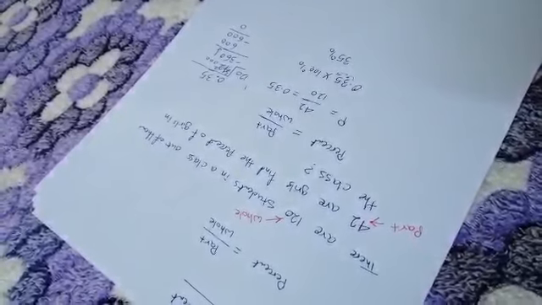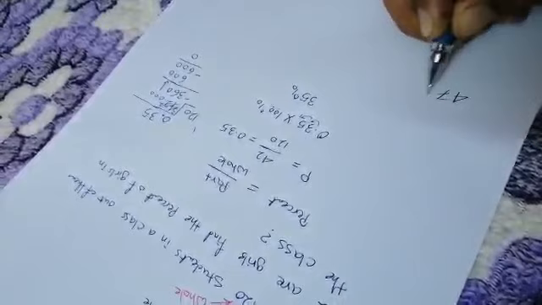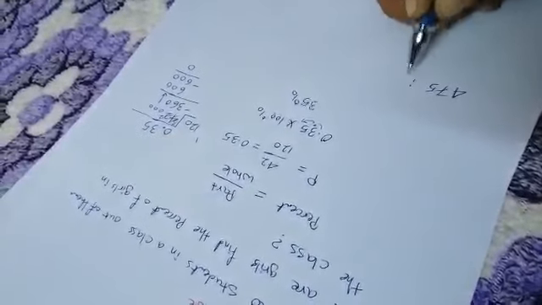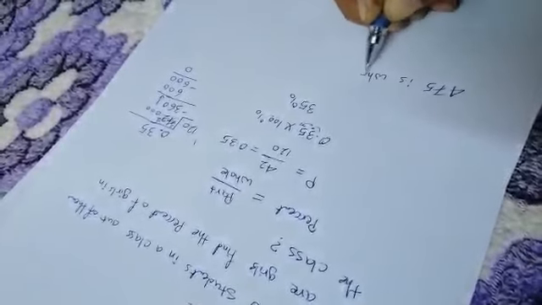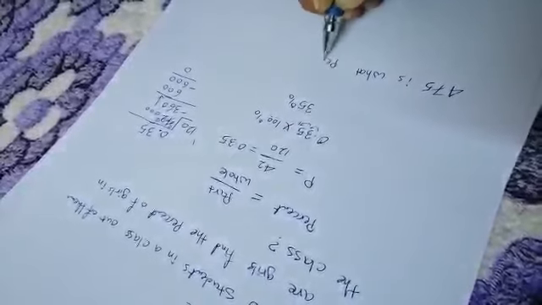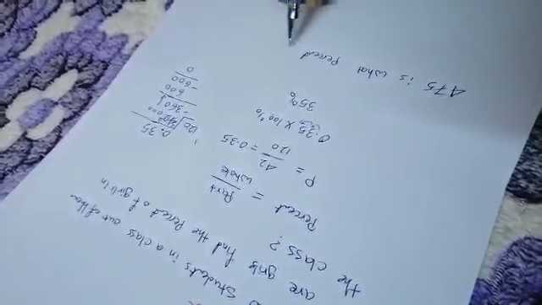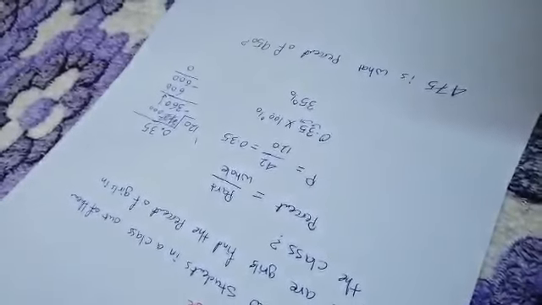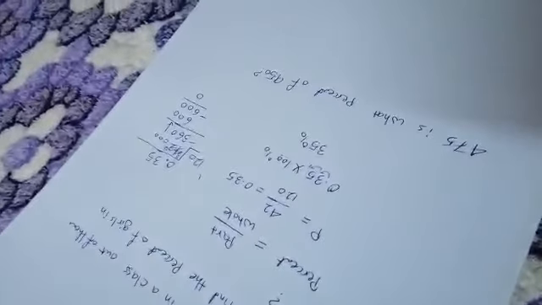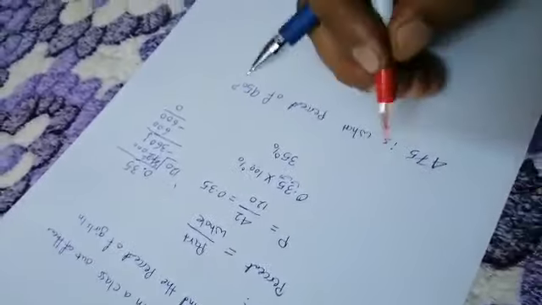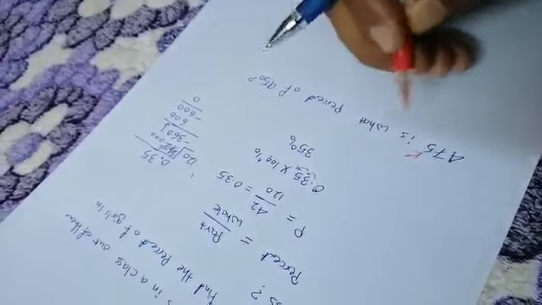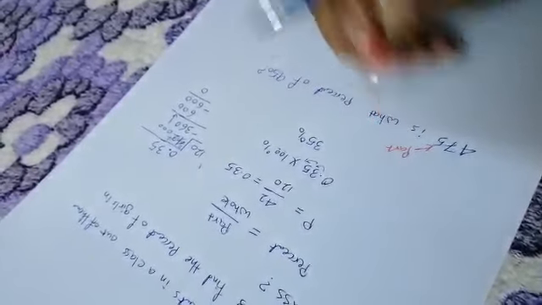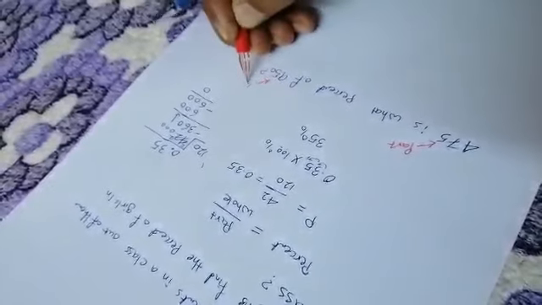Okay, now for example, if we have 475 is what percent of 950? Look guys, in this case what we do, first we said 475 is a part, and 950 is the whole.